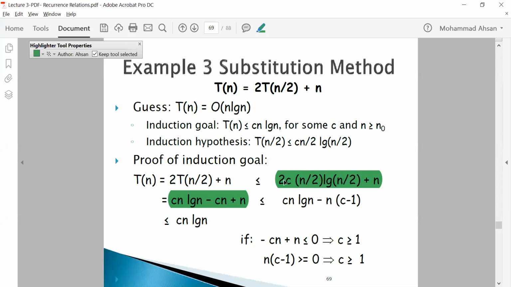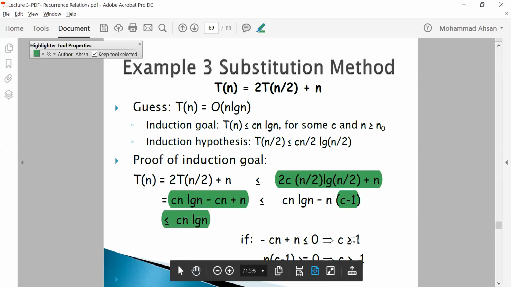Okay. 2 and 2 will cancel, so you have Cn log n by 2 is log n minus log 2. Log 2 to the base 2 is 1. So you'll just have log n minus Cn plus n. So Cn log n minus n into C minus 1. So provided this here is positive, you can safely write this is less than Cn log n. And it will be positive when C is greater than or equal to 1.